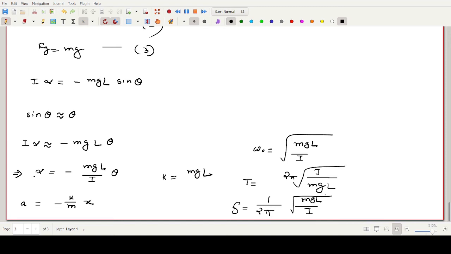Remember that the motion of a simple pendulum swinging through small angles is simple harmonic motion. Let me write this line, this is important.